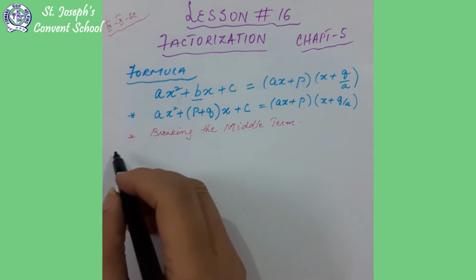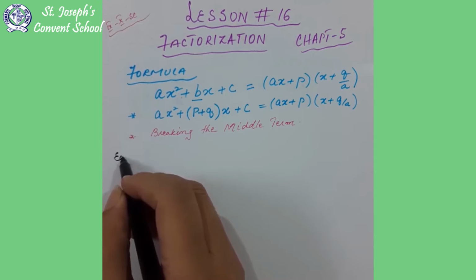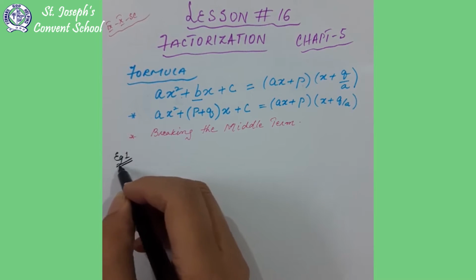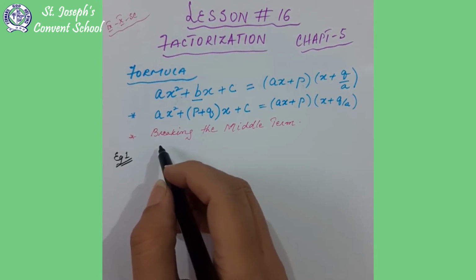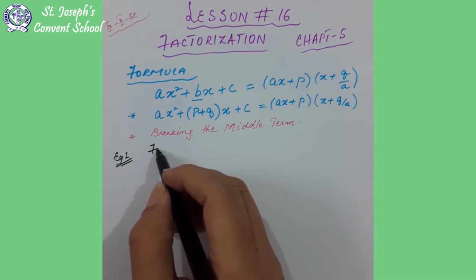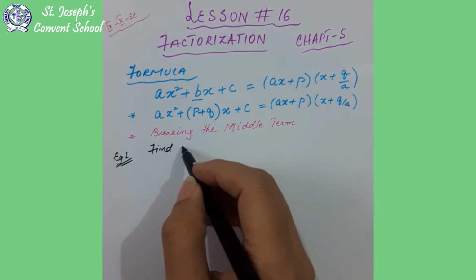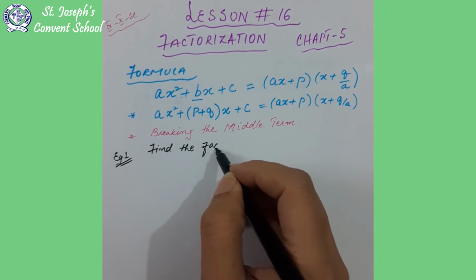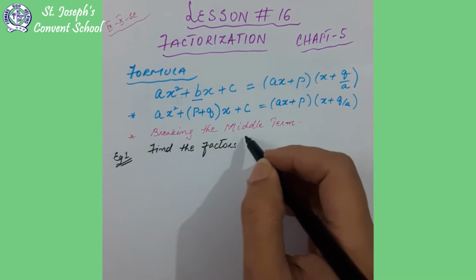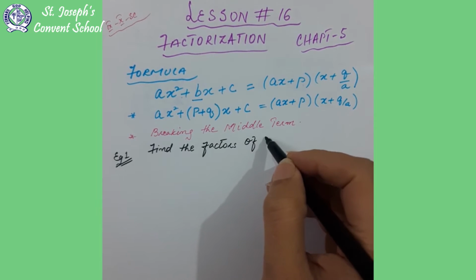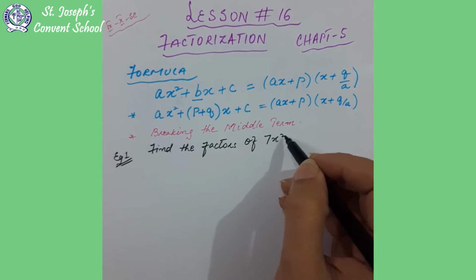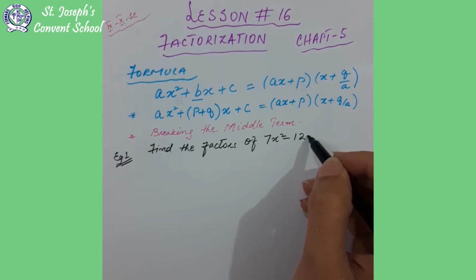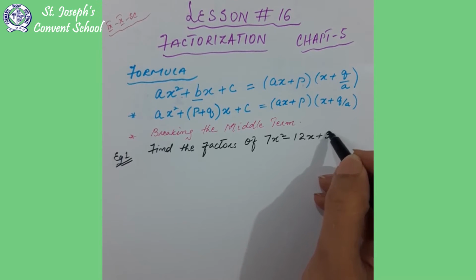Okay, now first example, this is from your book. First question comes from your book only. You have to find the factors of 7x square minus 12x plus 5.